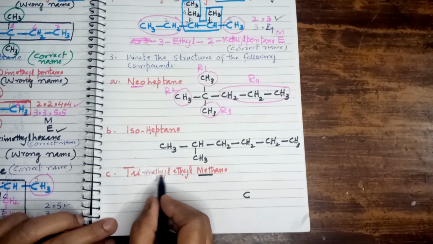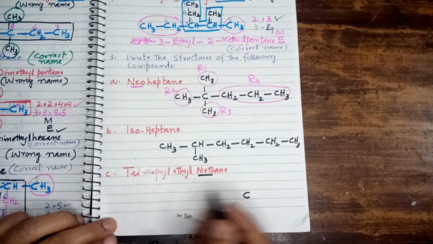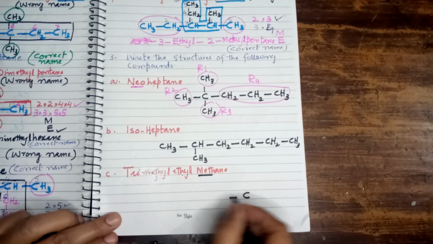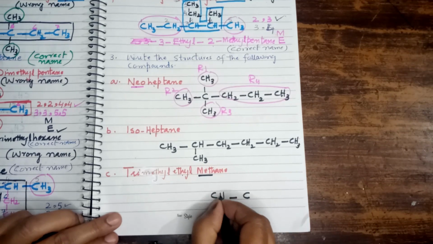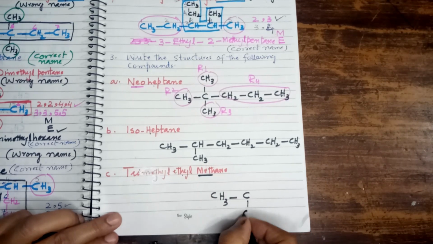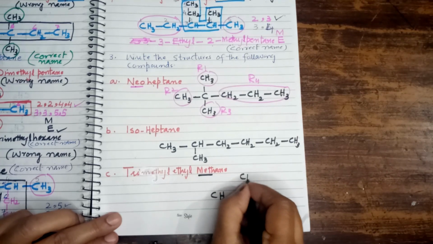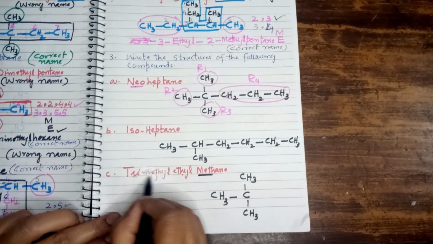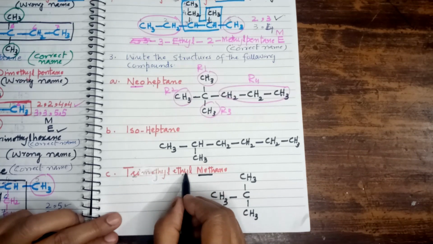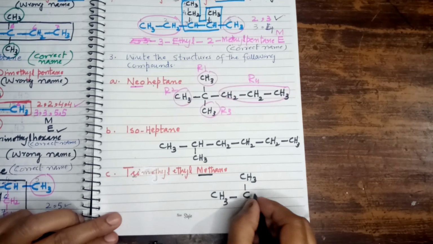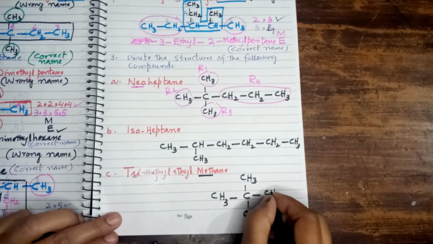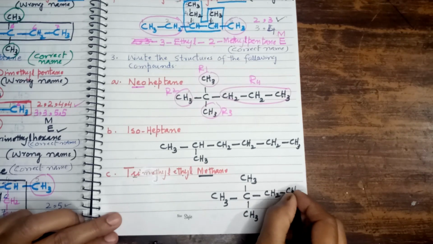Trimethyl shows there are 3 methyl groups. So we attach 1 methyl group here, CH3, 1 here, CH3, and 1 over here, CH3. We made trimethyl. Then ethyl, on one side we made ethyl group, CH2, CH3.